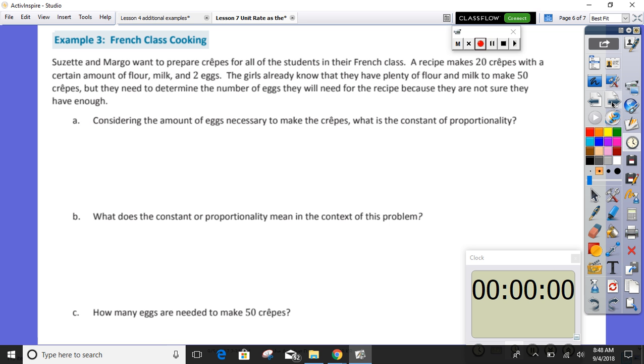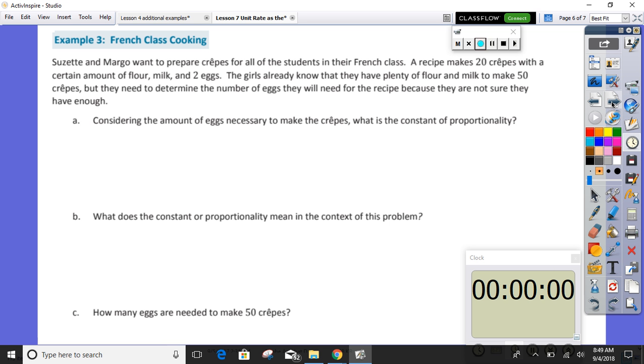Now, you can think about this either way. If you were to set up a table, you might put eggs on the left, crepes on the right. That's probably how I would do it, because the amount of crepes that you would make would depend on how many eggs you had. You could technically look at it the other way and say that the amount of eggs you need depends on how many crepes you make.